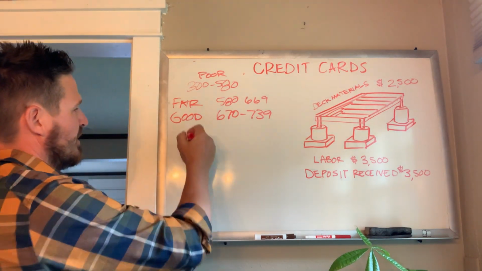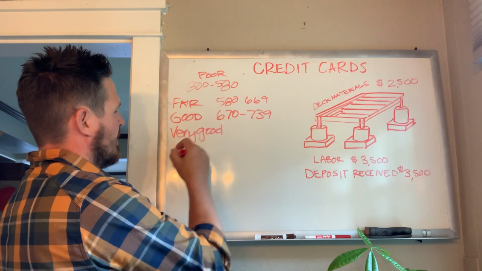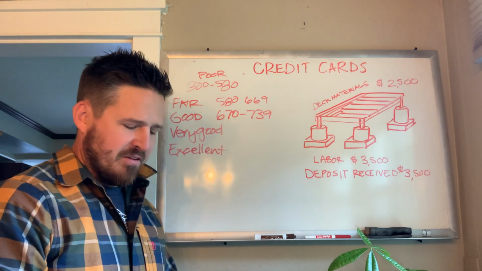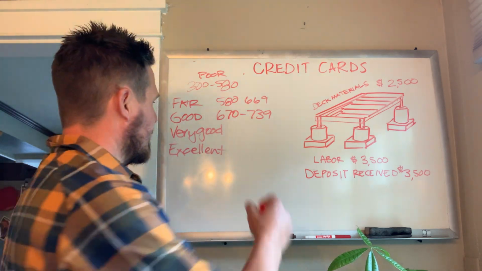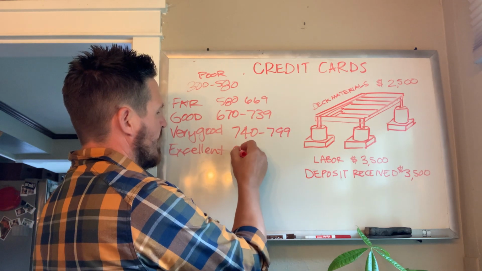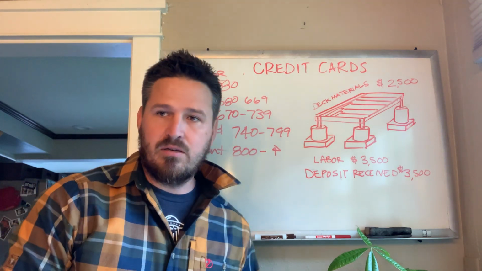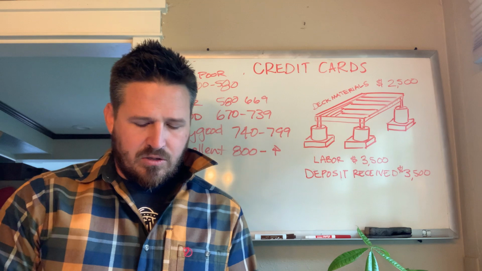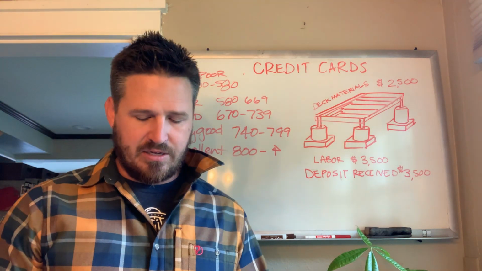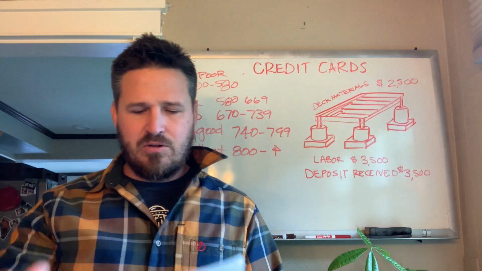A very good credit score is 740 to 799. And then 800 and up is an excellent credit score. You'll always want to try and be as good as you can be with your credit score because that's the best place to be.